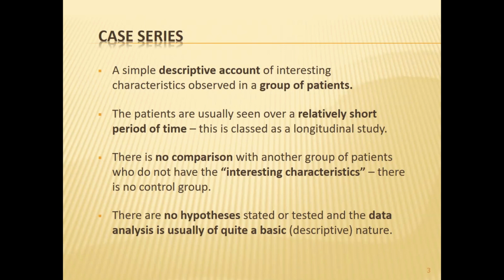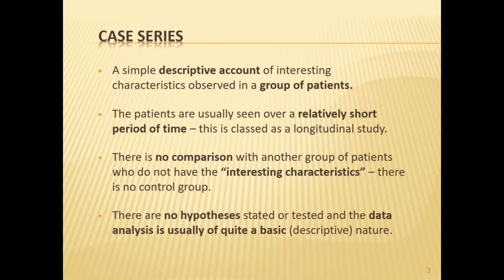So the first type, and that is really the focus of this video, is a type of research called a case series. And as you can see from the slide, it's the lowest level, it's the simplest type of observational research design, and it's effectively just a description of a group of patients which have something in common. So you might have 20 or 30 or whatever number of patients who have a particular disease or disorder, and the aim is very simple.